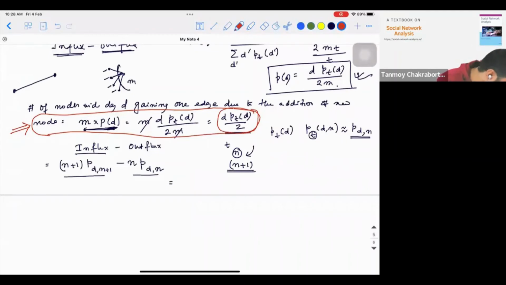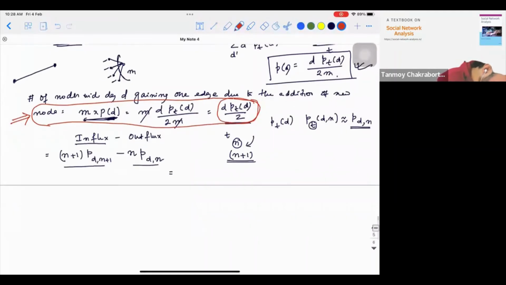Okay, so now influx. Influx means we need to look at those nodes which were earlier of degree d minus 1. Those nodes will become d. The degree of those nodes will be d now, right?